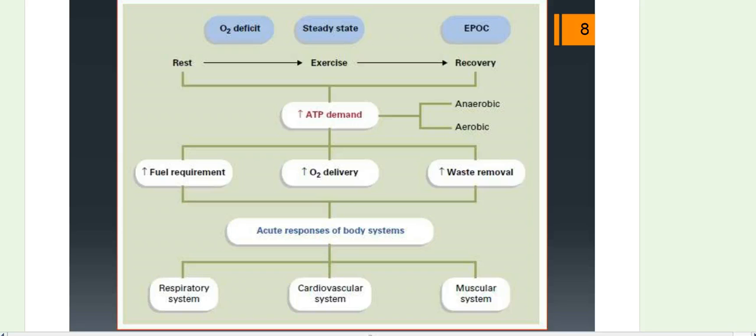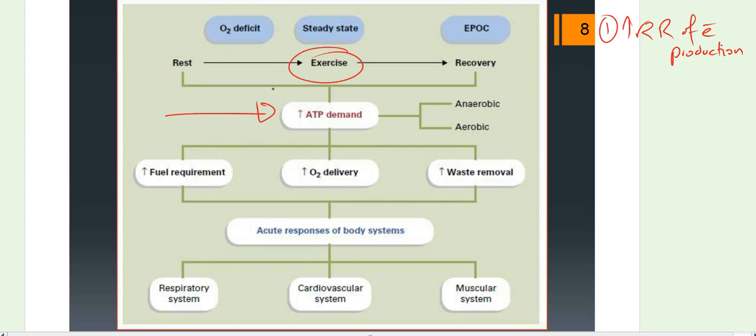So looking at this little graph here. At this point, being number 1, we have an increase in the required rate of energy production, because we're now working at a higher intensity. So we're exercising, we're working harder than what we did at rest, so the rate of required energy production has increased.